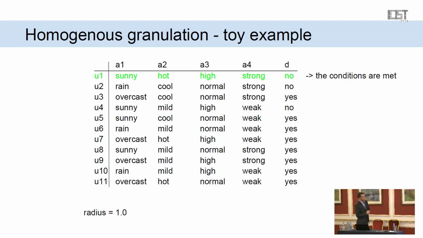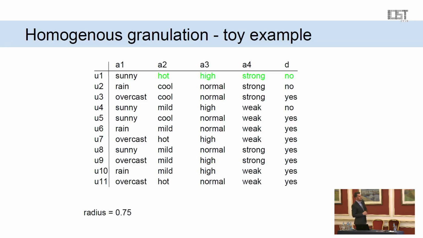So in this particular example, we are looking for all 4 parameters with decision class. But there are no duplicates in this dataset, so only this object is currently in the granule. Then we are looking for any 3 attributes that are similar. So we're starting with the first 3, but there is none. Then we pick the next 3, there is none. And the last combination, there are no candidates.